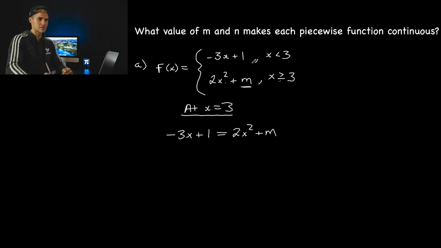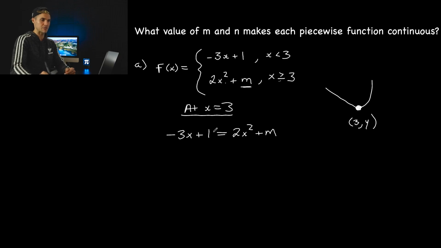So this is like a downward line, and then this is going to be a parabola that's opening up like this, right? So at that x value of 3, both of these pieces have to have the same y value. And if they have the same y value, then they're going to be continuous.